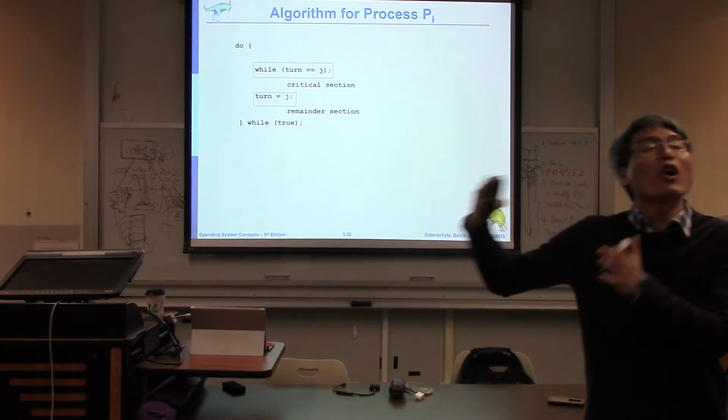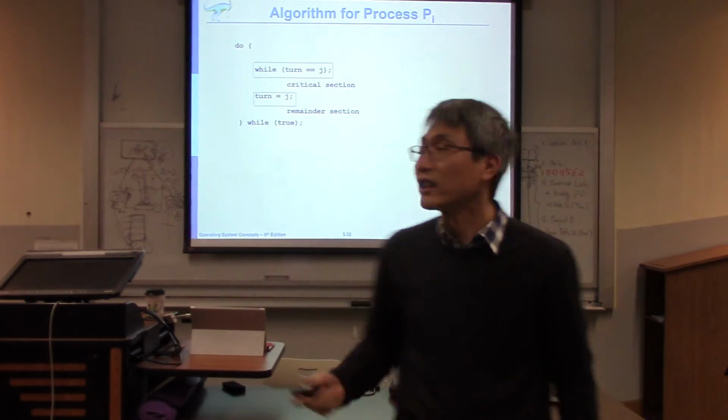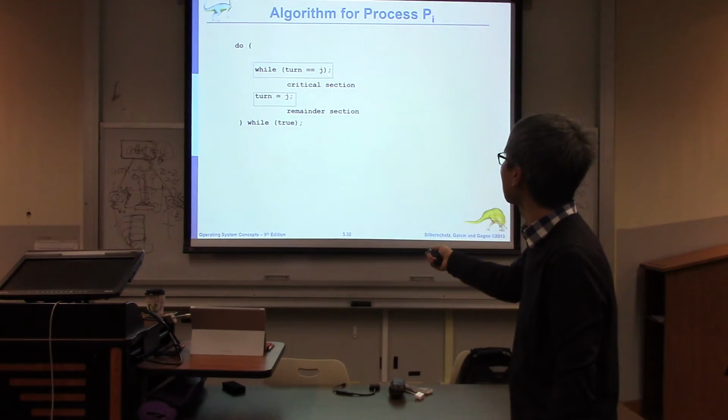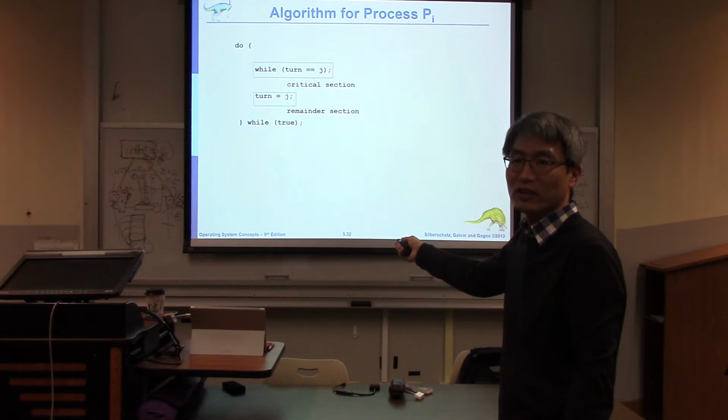When process J, the current process, is out, then turn will be set to I. So turn is equal to I, but I is not equal to J. Is it true or false? False. So you can enter the critical section.